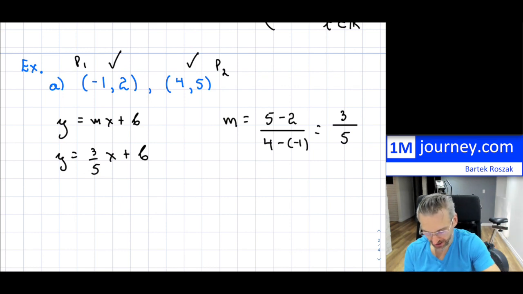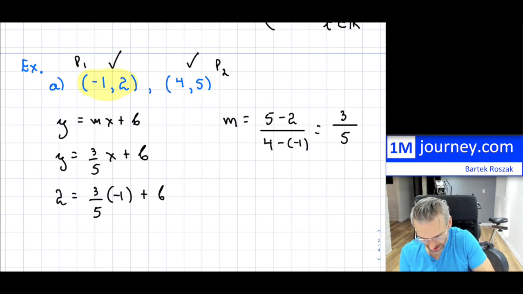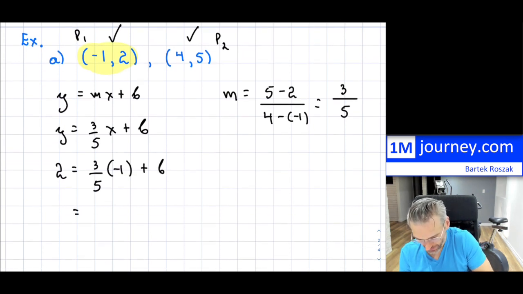Now, how can we find our b? Of course, we can substitute any of the points on the line. You can pick any of them. I'll pick this one. So if I substitute that back in, I will get 2 is equal to 3 over 5 times negative 1 plus b. So now I can solve for b. It's going to be 2, the negative will come in front, and then I'm going to shift this whole thing over on the left-hand side.